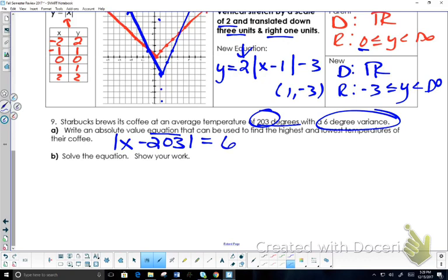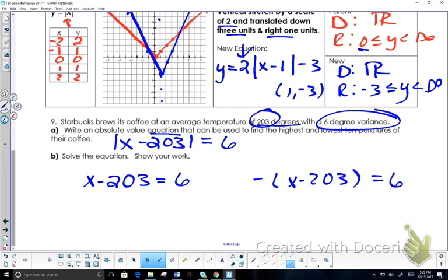So now we have to solve this. Let's see if we can remember how to do this. To take it out of our absolute values, once we got our absolute values by themselves, one of them goes like that. The other one, if you'll remember, has to be multiplied by a negative. So I got x equals 209, and then over here I got -x plus 203 equals 6.